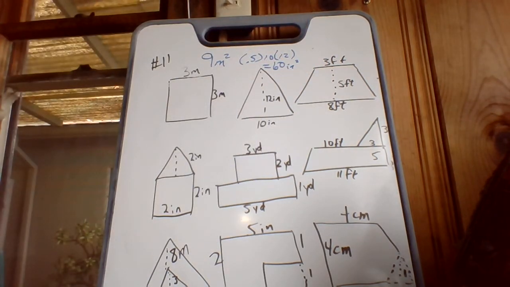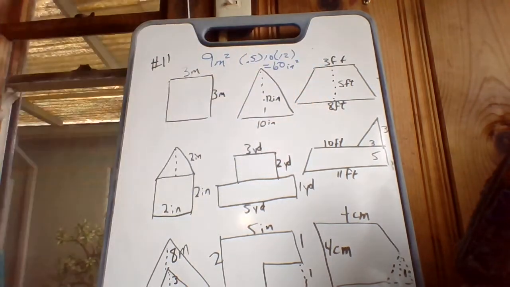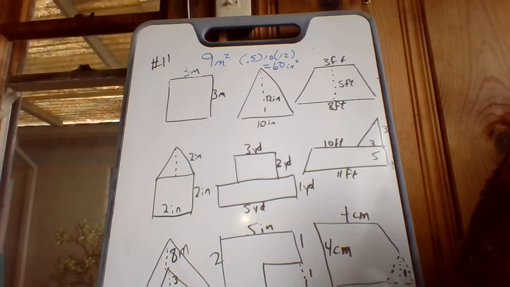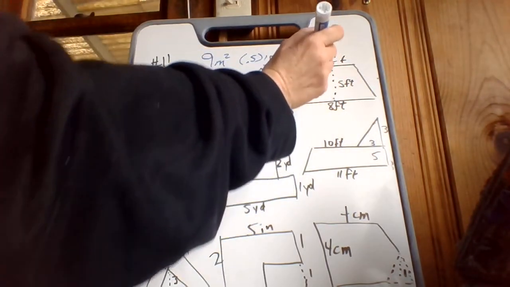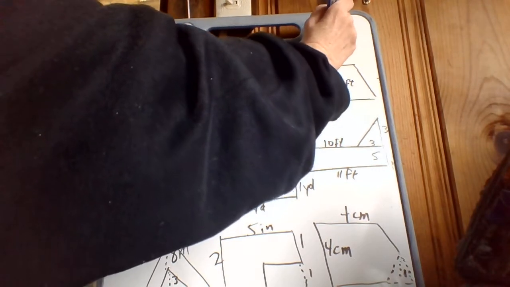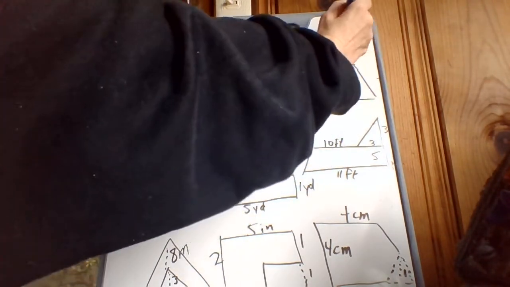And then trapezoid, you've got 2 bases, those 2, and you've got a height. Okay, so you average the bases. The formula is you're averaging the bases. If you average the bases, 8 plus 3 is 11, divide by 2. So the average base is 5.5 times the height.